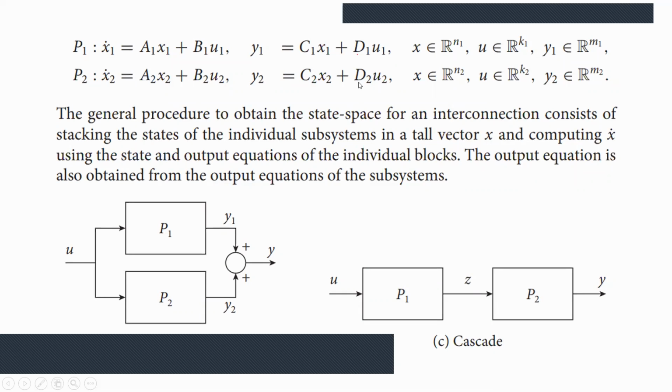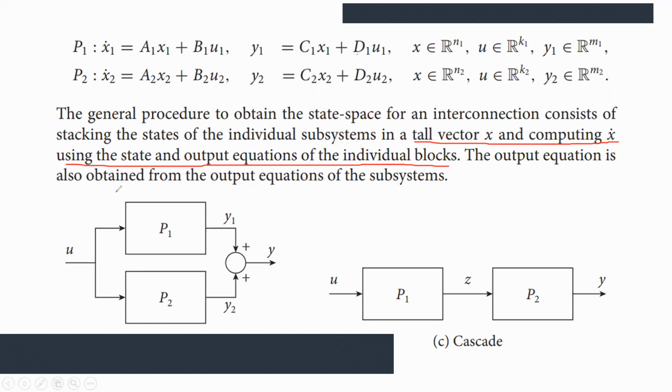In this diagram, the general procedure to obtain the state space for an interconnection consists of stacking the states of the individual subsystems in a tall vector X and composing the differential equations using the state and output equations of the individual blocks.